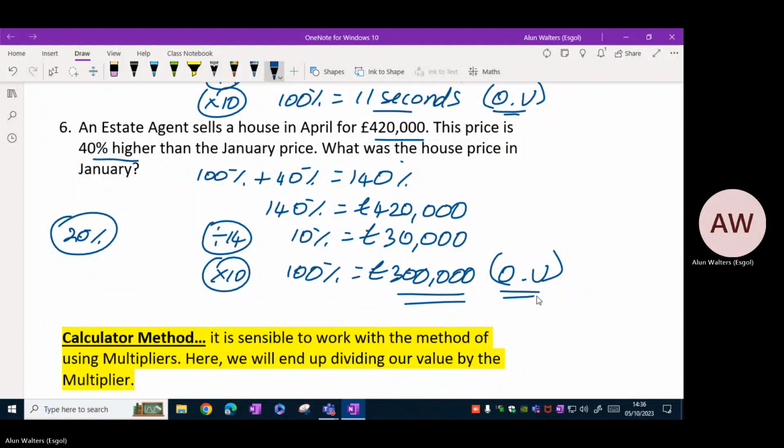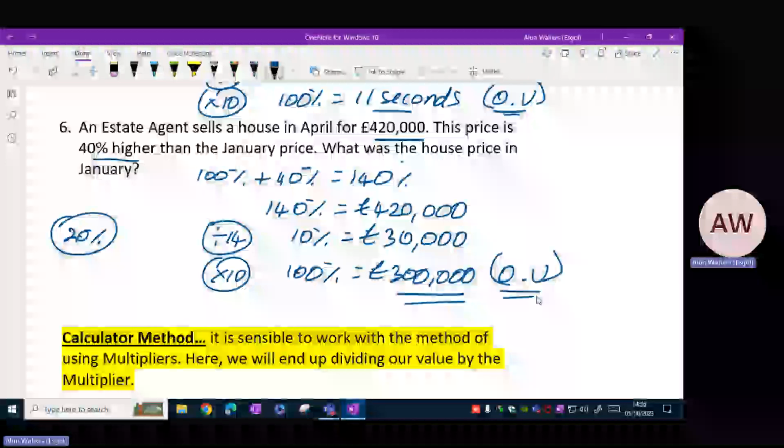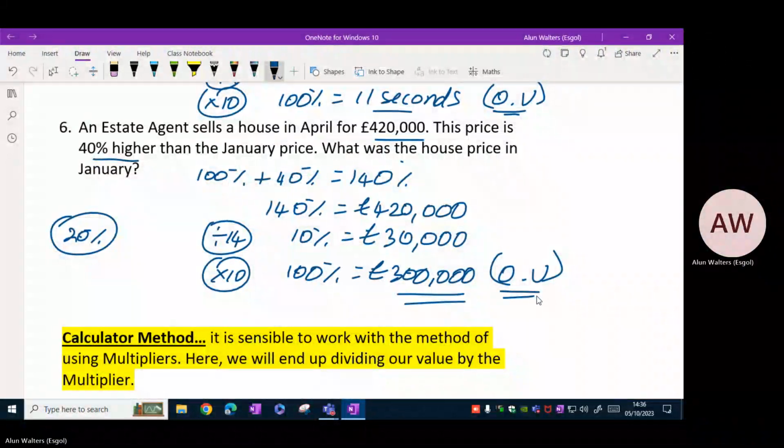However, the method I've shown you for Unit 1, I'm thinking, is the easiest when the numbers are easy. You don't really want to be dividing by decimals like 1.2 or 0.8. I would rather work with that proportion method. But if you're happy dividing by decimals, you could use this method for the 6 questions I've shown you above.